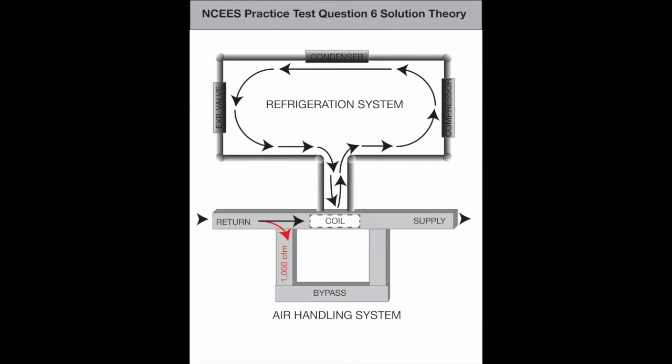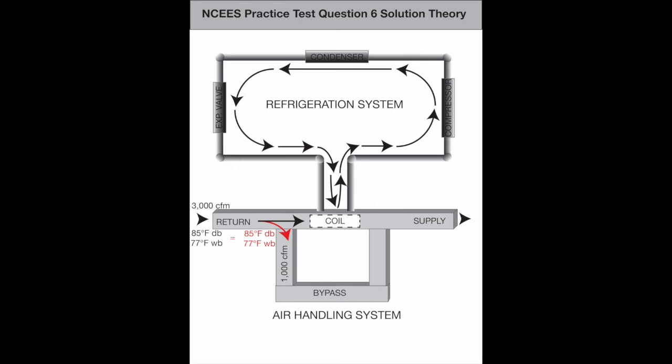The question says that 1,000 CFM of air is being diverted through a bypass leg of an air handling system. It's being diverted from an initial 3,000 CFM at 85 degrees dry bulb, 77 degrees wet bulb in the return leg. The temperature in the bypass, therefore, equals the temperature of the return air.